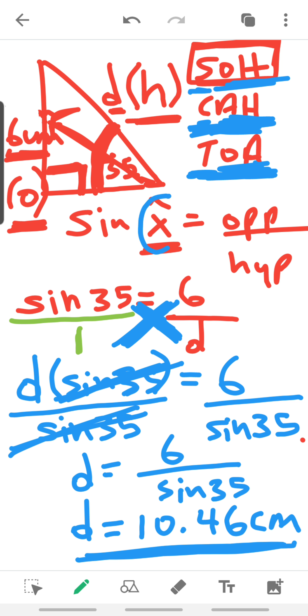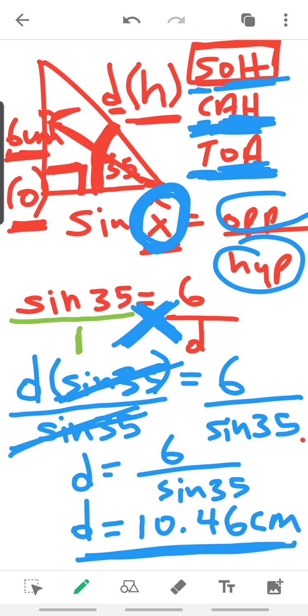We usually, for this introductory part, we're given an angle, so this is our given angle, and we have to replace opposite and hypotenuse with whatever it is inside the question. One will be unknown and one will be known. Then after that, we're simply going to solve for x as if it's a regular algebraic equation. So in all of these cases, you will have cross multiplication involved, okay? And that is it.